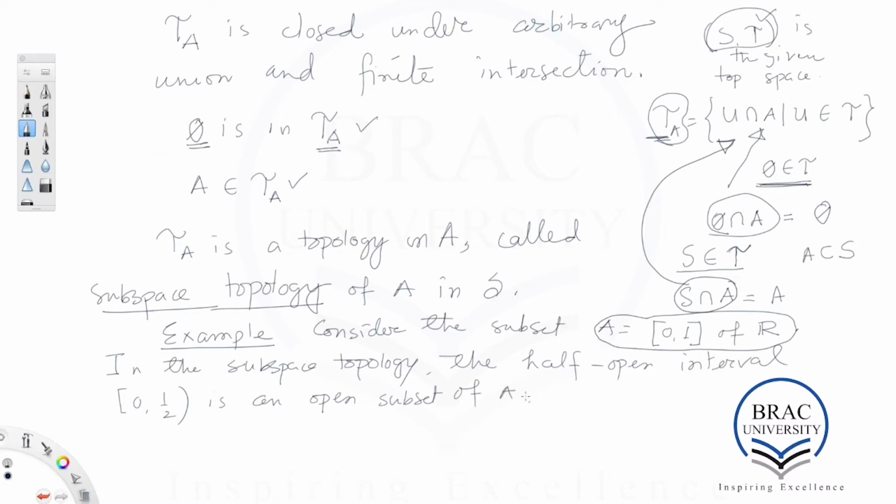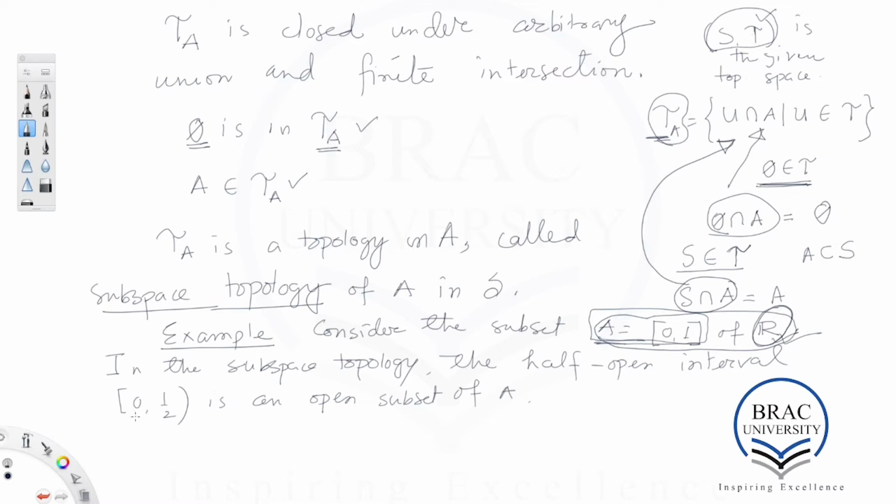What does it mean? So we are taking this subset A of the real line R, and we are trying to give A a topology with the use of the usual topology of R. Okay.